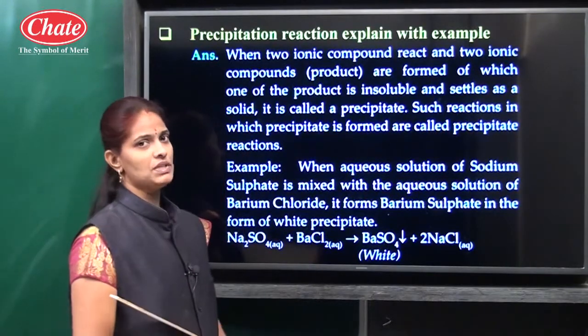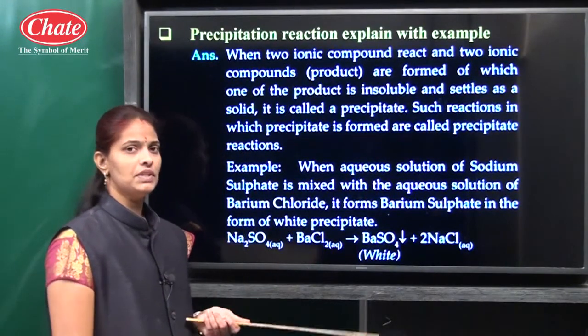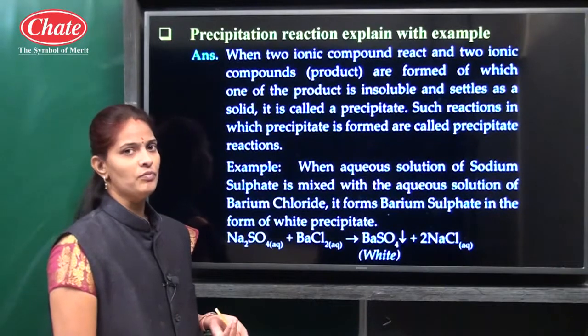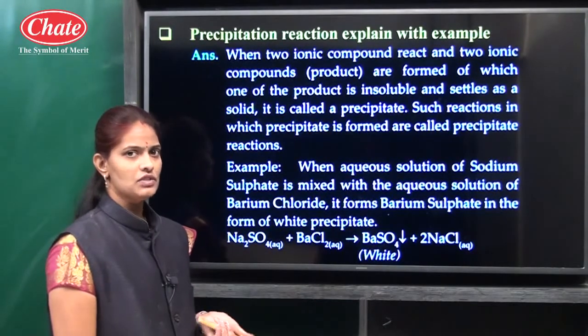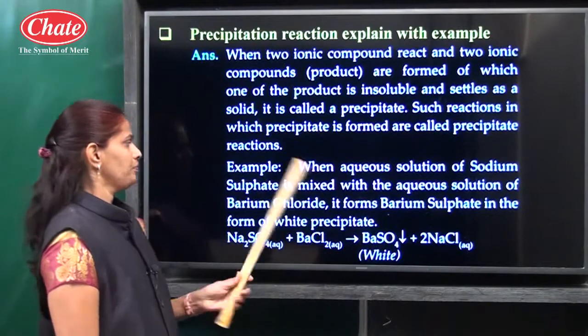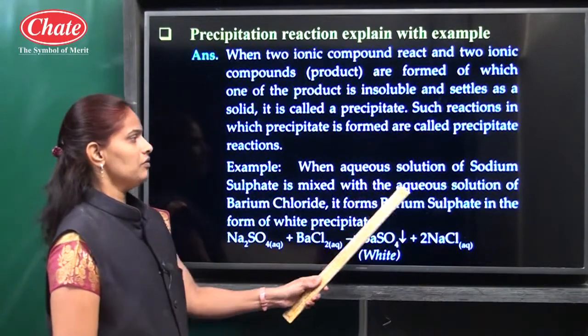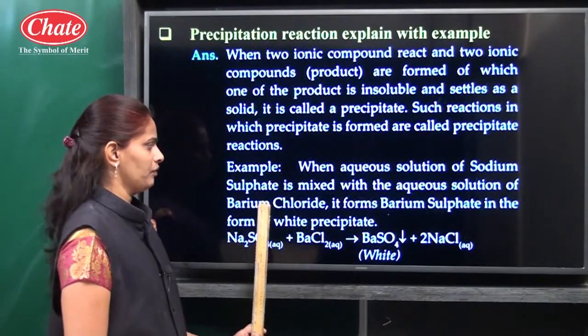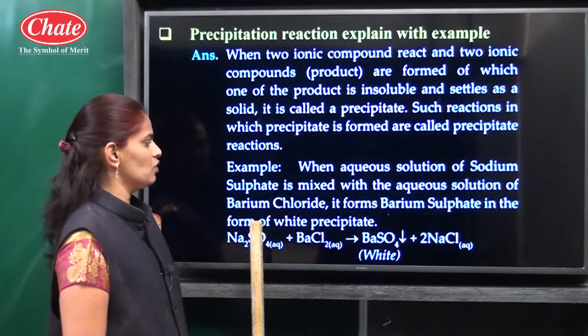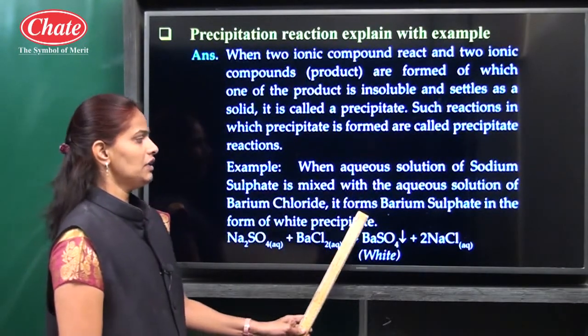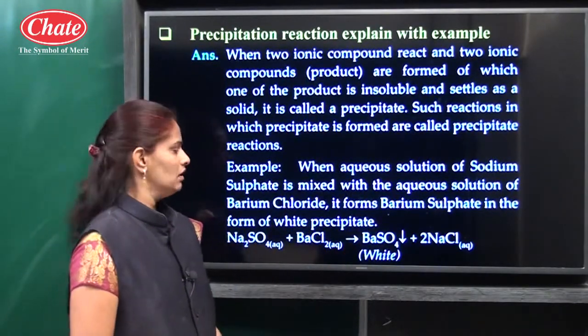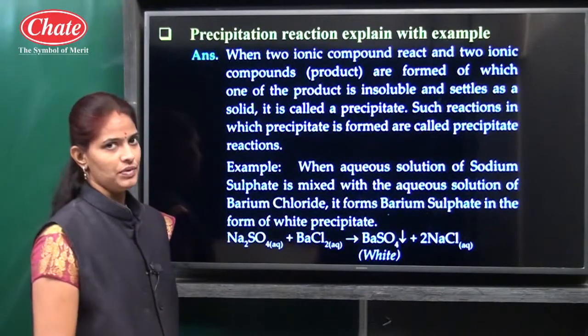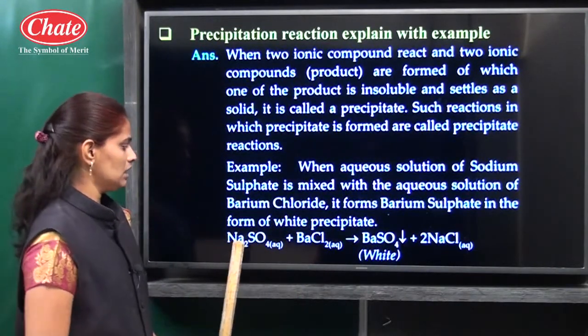And we know double displacement reaction. In double displacement reaction, precipitate is formed. That is why that reaction is also a precipitate reaction. So example, when aqueous solution of sodium sulfate is mixed with aqueous solution of barium chloride, it forms barium sulfate in the form of white precipitate. Here see the reaction.